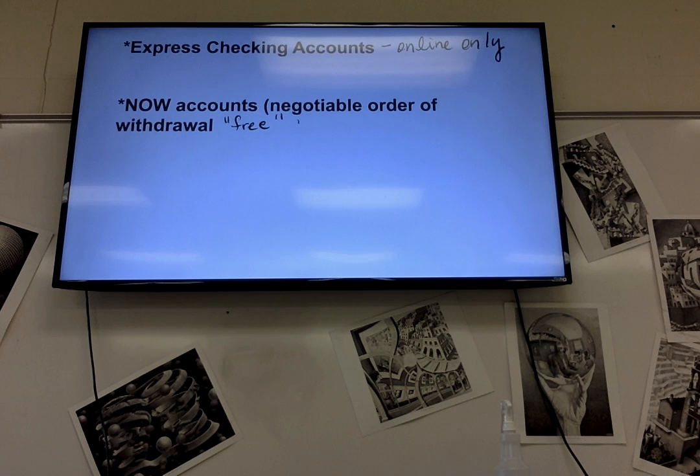Free checking accounts, so kind of free as long as, and then there's usually a list of things that you have to do. One of which is you can make withdrawals, but you can only make so many withdrawals. That's why it's a negotiable order of withdrawal.